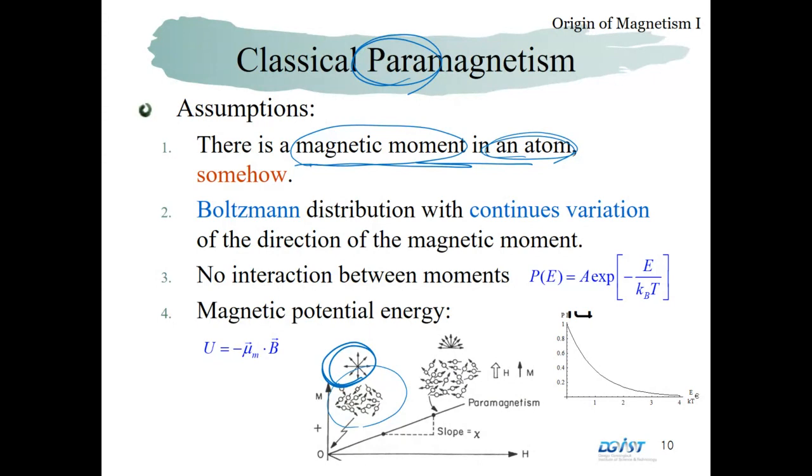That should be 0. But if we apply a magnetic field, that means we break the symmetry of the system. There is a certain direction that is different from other directions. So now we call this anisotropy.